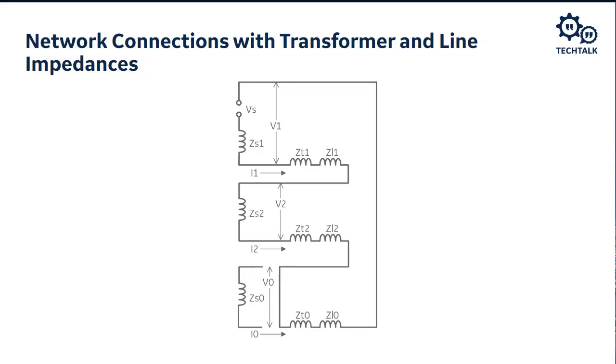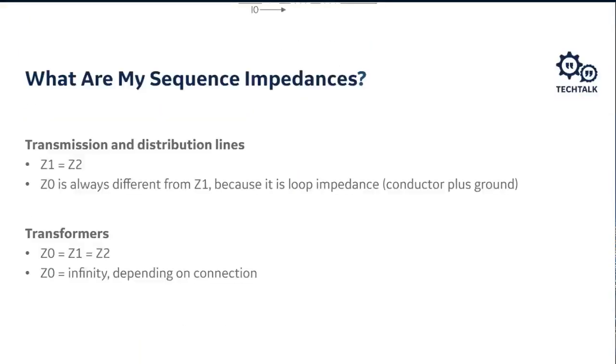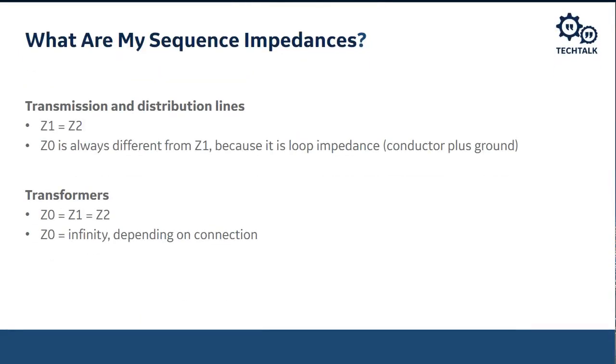The other thing it does for us is the zero sequence impedance of the system is not involved in our calculation for phase to ground fault. And that's important for something that we'll show in a slide or two. So, what are those sequence impedances?